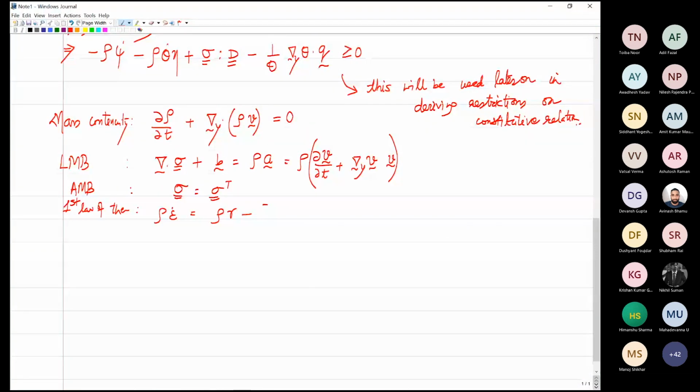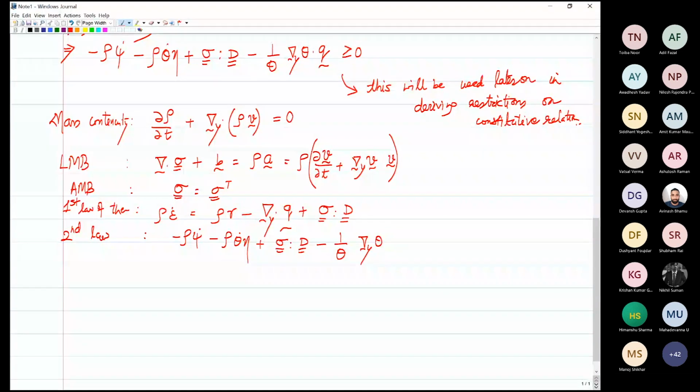And then you have the second law inequality, which we derived just above, which is minus rho psi dot minus rho theta dot times eta plus sigma double contraction d minus 1 by theta gradient of theta dotted with q, and that's greater than or equal to 0.